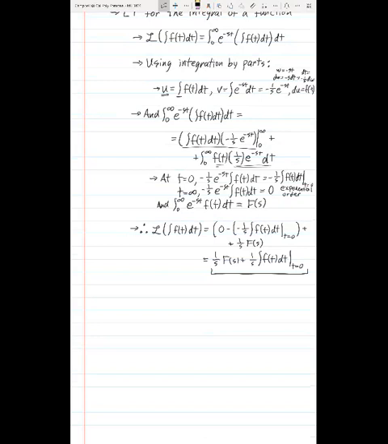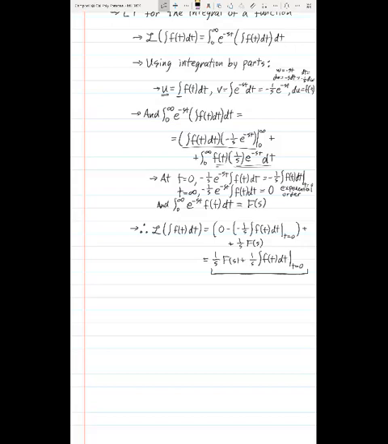Multiplying and dividing algebraically are inverses, and taking the derivative and integrating are inverses. So it shouldn't be any surprise that when we get over into the frequency domain, where we can deal with calculus operations in an algebraic fashion, these inverse calculus functions in the time domain map over to inverse algebraic functions in the frequency domain.